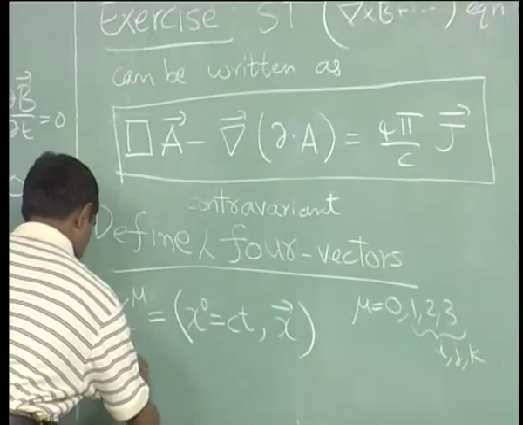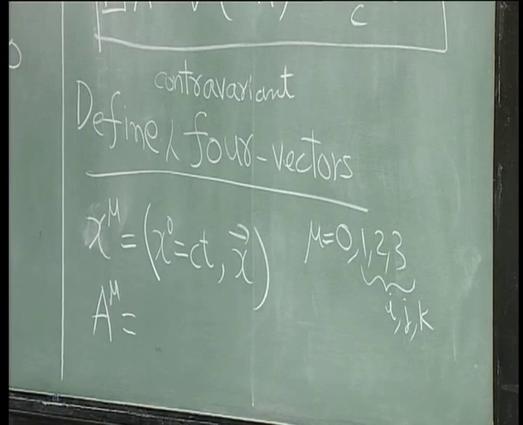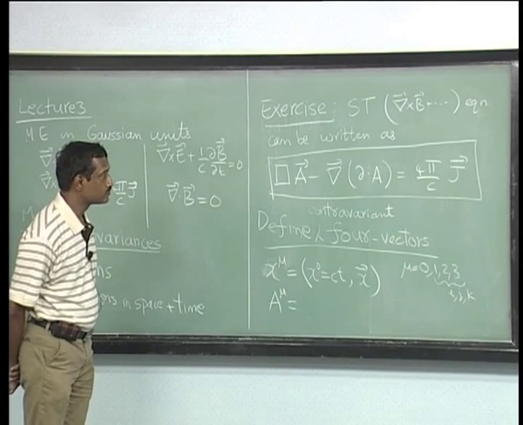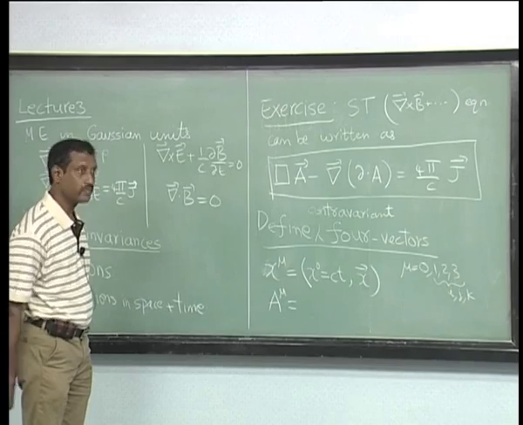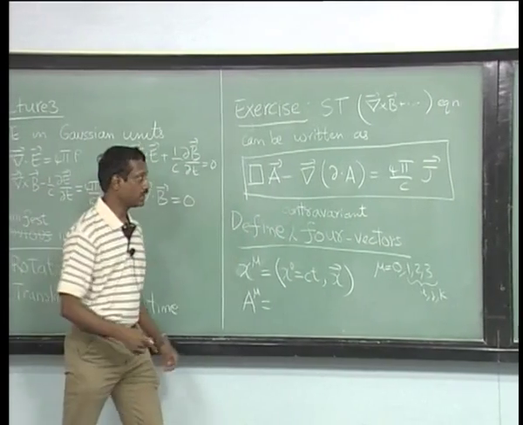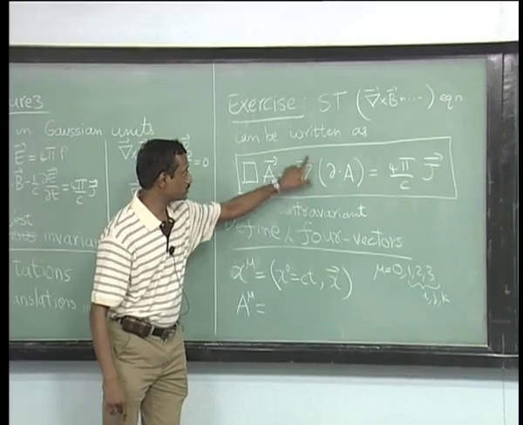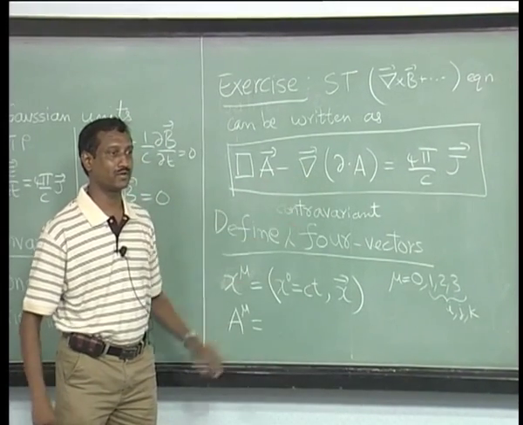So, now I define a 4 vector potential. You will see in a moment whether this is correct or wrong. It cannot be d by dt because this is a vector, so I will require some operator. D by dt is not a vector operator.